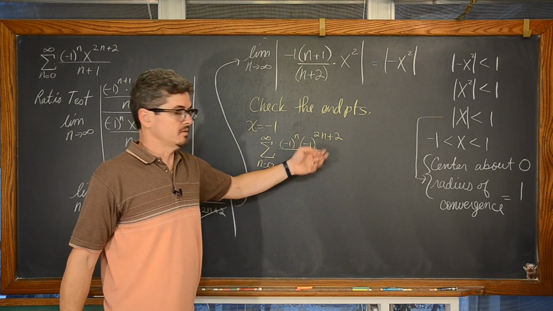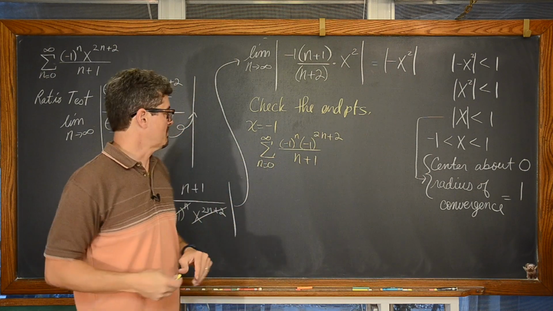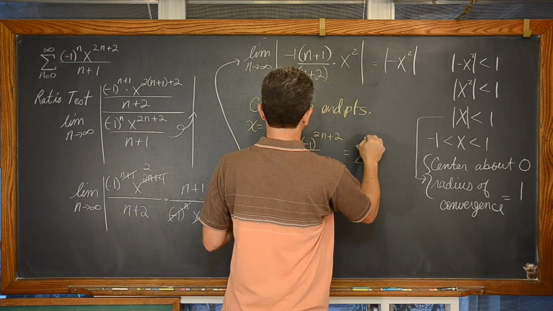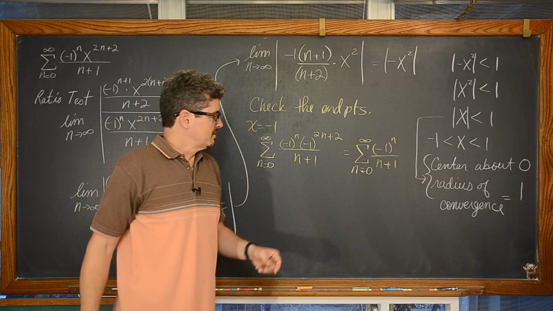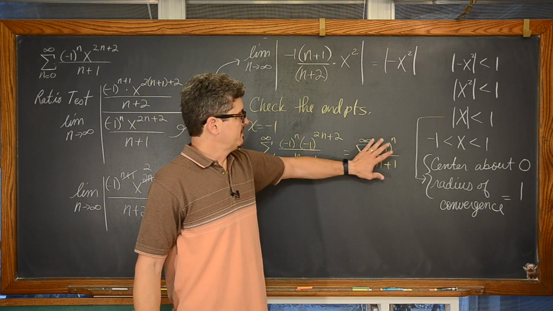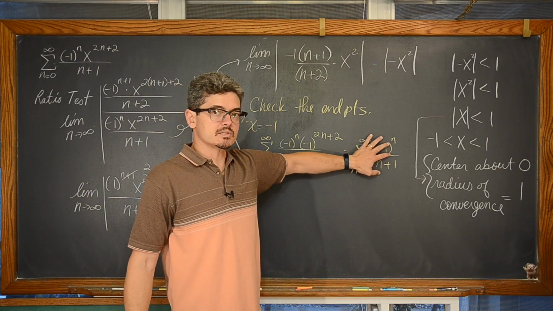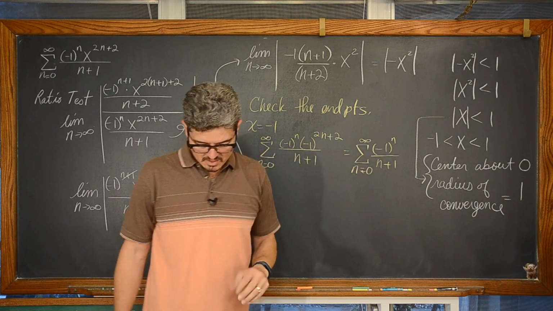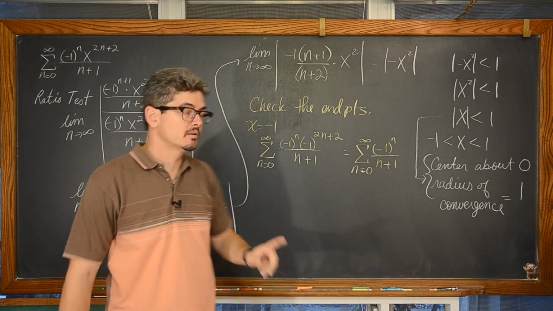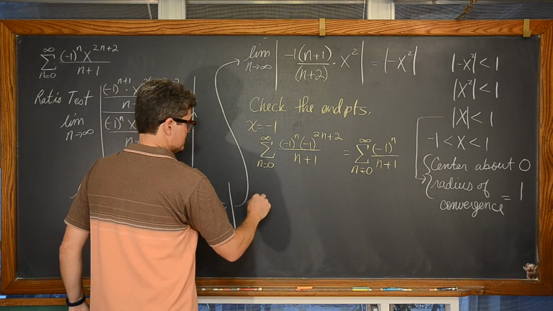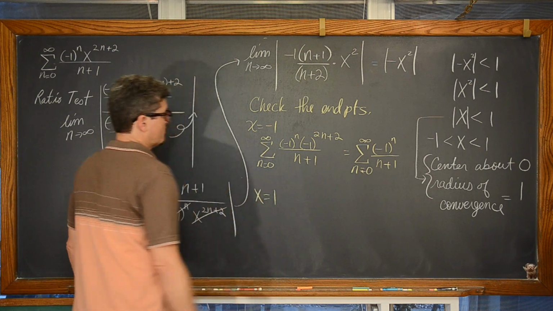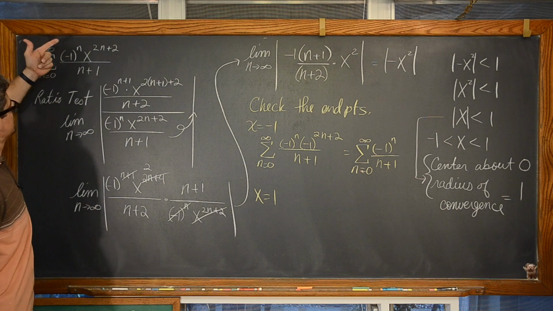This is always going to be even, and negative 1 to an even power is always going to be positive. I'm going to get a little cheap on you. When you do the alternating series test on this, you're going to see that it does indeed converge by the alternating series test.